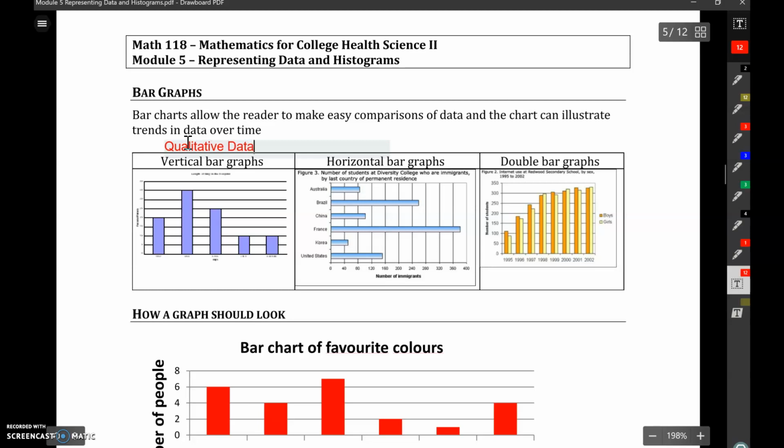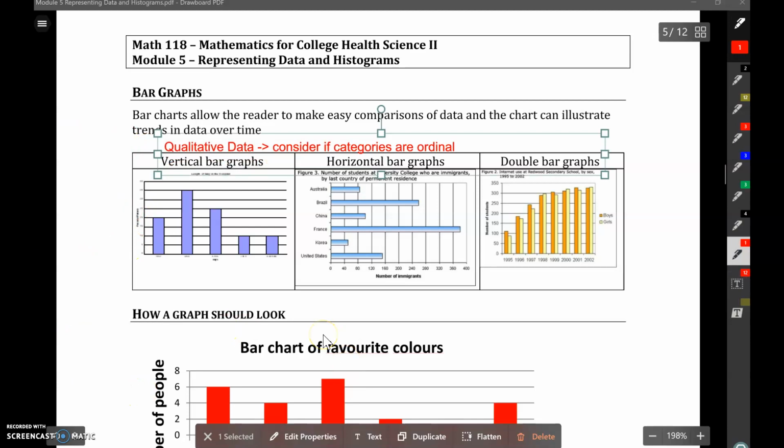If it's quantitative data, we should be using something called a histogram instead, but that's not always done, but that is something we're going to focus on here. So bar graphs are good for qualitative data. And it's important to consider if the categories are ordinal or not. Remember, we talked about how ordinal categories can be ranked.